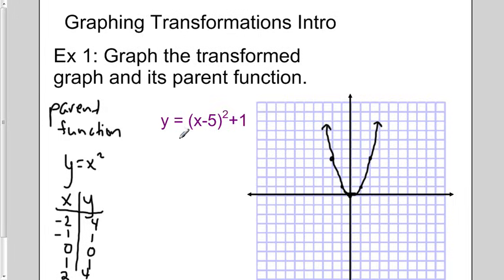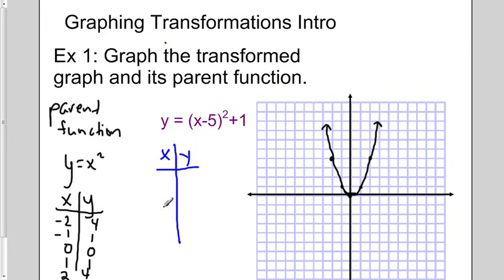And now we want to graph this other one, and that's in purple, but I'll just do blue. It's closest to purple. There are a couple of ways I could do it. One way is I could make a table, so we'll do that. Instead of doing -2, -1, 0, 1, and 2, I'm going to take those numbers and add 5.